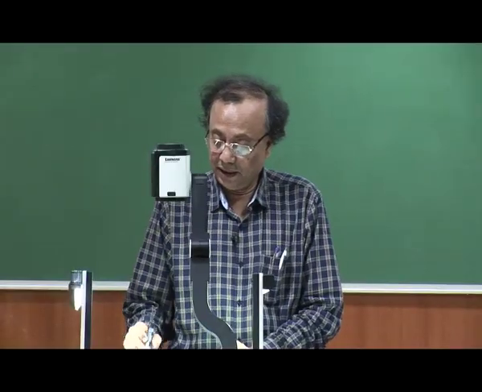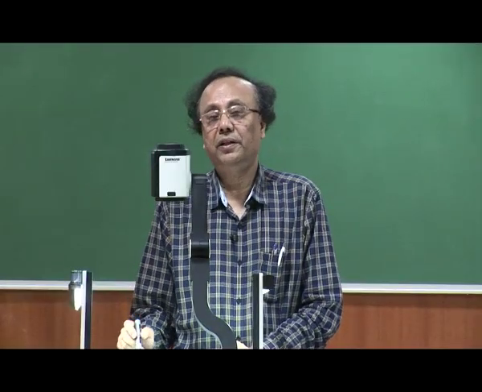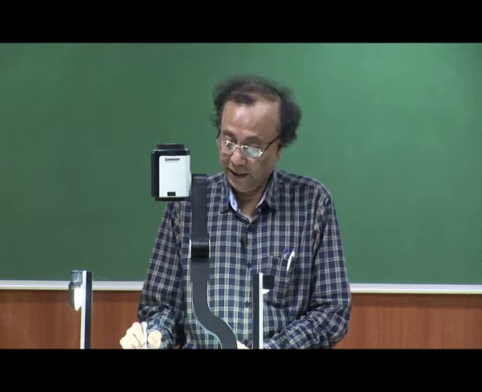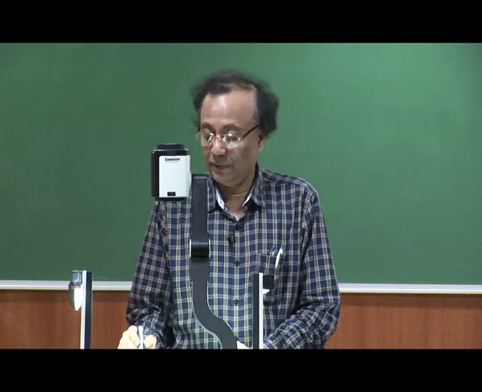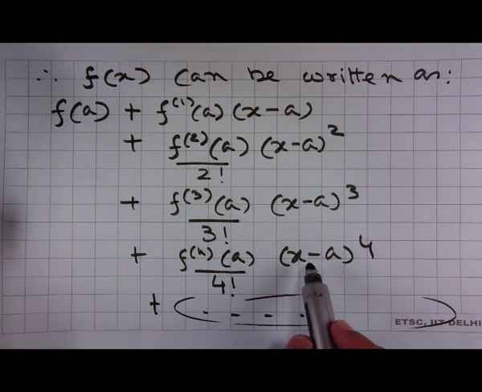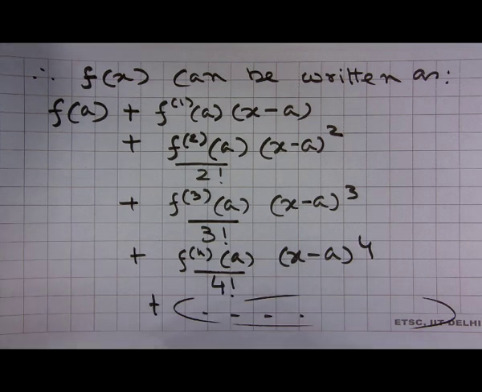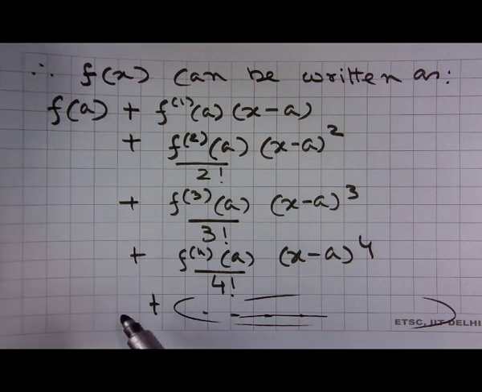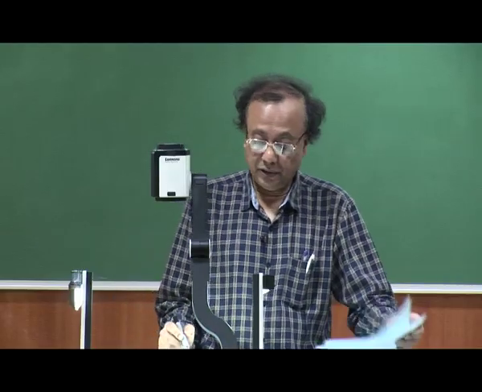It is not mandatory that you have to go to infinity. We can always make an approximation by expanding it to a fixed power, say k equal to 4, and then the remaining terms will be the error term in the approximation. But if the difference between x and a is very small, then as the power increases, the error term will go to 0.